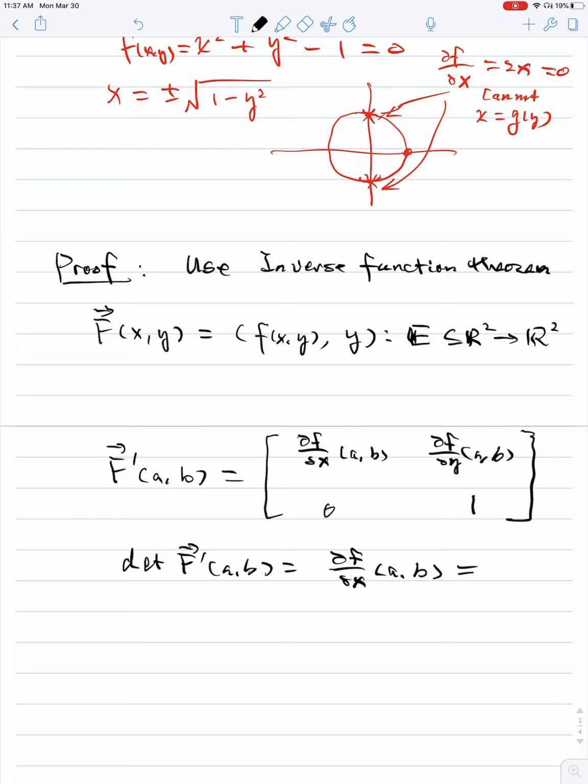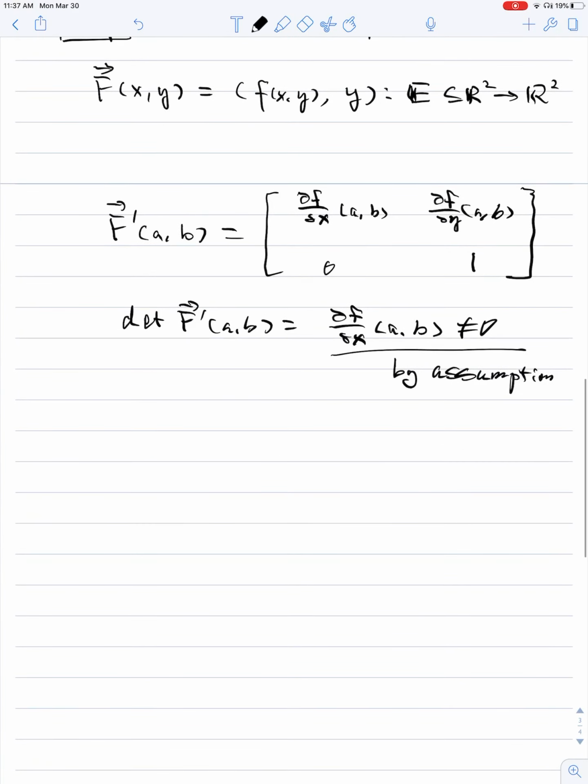That is not 0 by our assumption. Now, what it means is that we can apply the inverse function theorem.